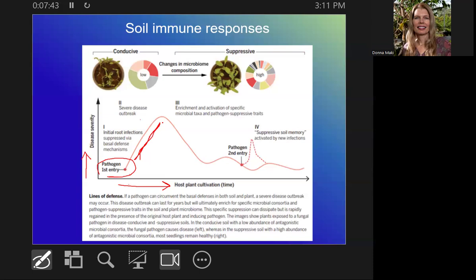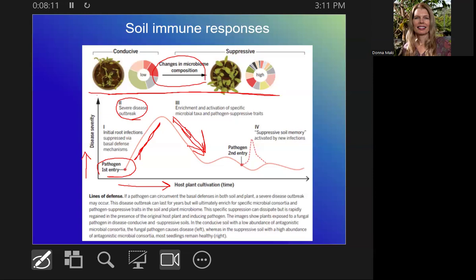And you get a severe disease outbreak. Then you can see this downward trend in disease severity. So what they're trying to show is if you look up top here, that's when you start to get a shift in the microbe composition, during this downslide, where something's going on in the soil system that's causing the disease severity to go down.